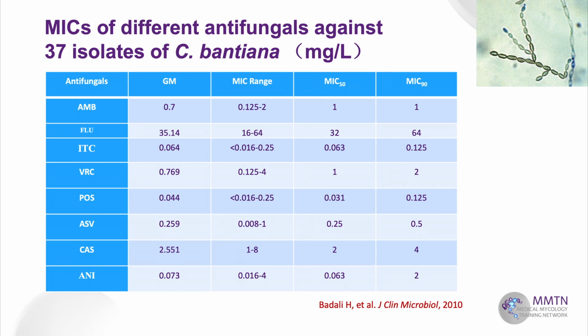How about Cladophialophora bantiana? Most of the isolates were susceptible to amphotericin B, itraconazole, voriconazole, posaconazole, isavuconazole, and anidulafungin, but not susceptible to fluconazole and caspofungin.